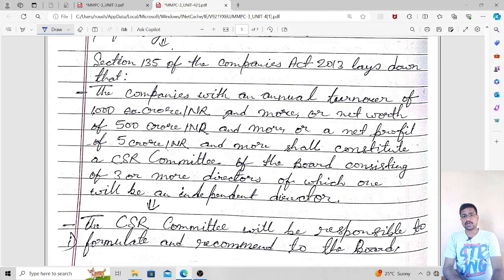If any one of these conditions is fulfilled, then the CSR committee should be constituted, with 3 board members, of which 1 member should be an independent director.